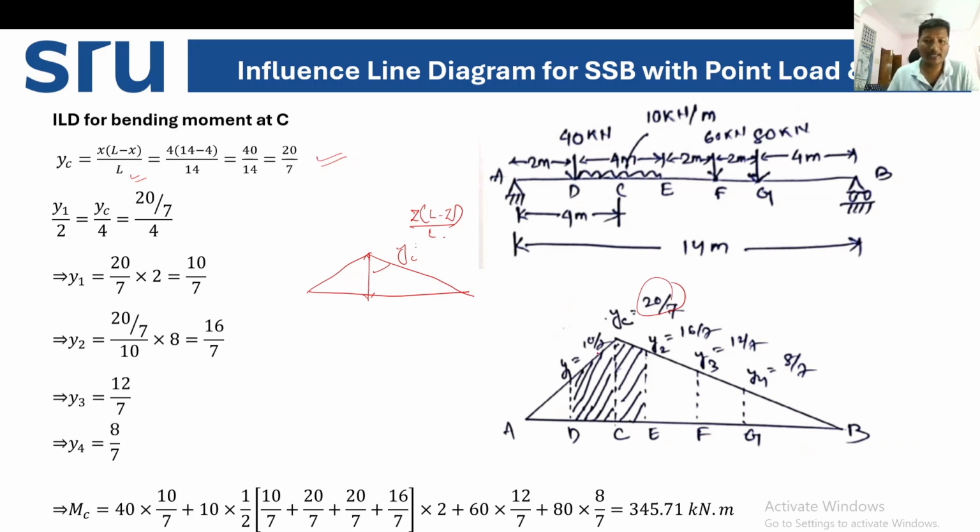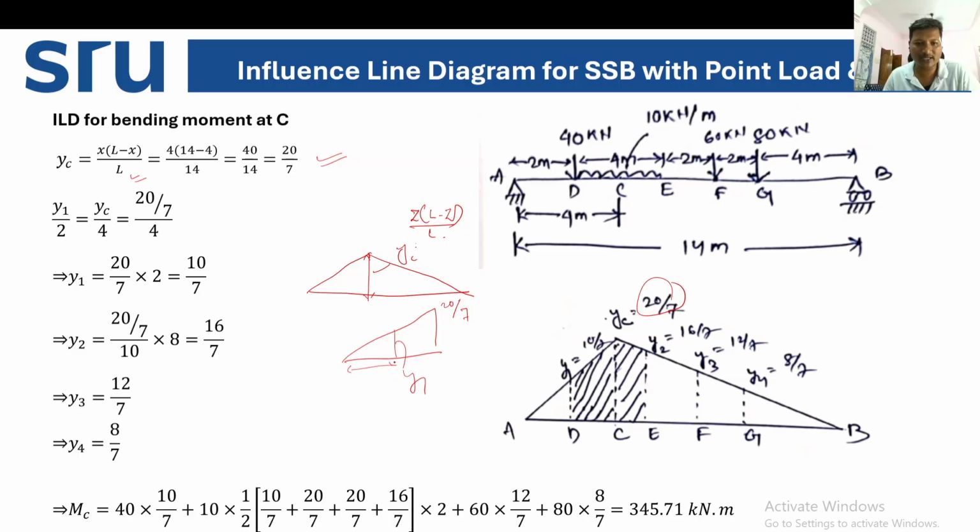Previously we have calculated YC, now we'll calculate Y1. How to calculate Y1? Y1 is nothing but the first ordinate under the first point load. How to calculate? Use the similar triangle formula. Let's say this is Y1. This is what we have calculated, 20 by 7.